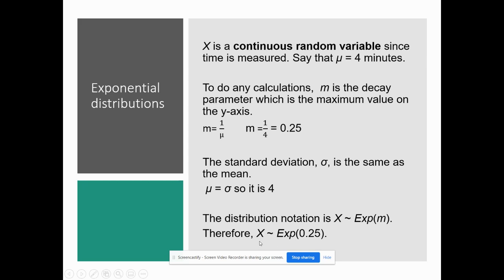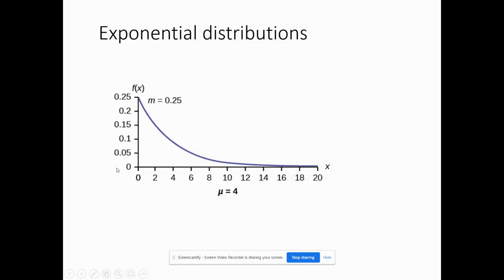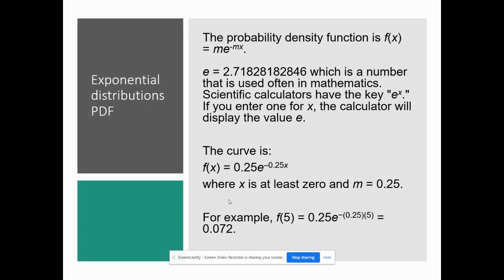So I just wrote it here that X approximates the exponential with 0.25. So this is what it looks like. Again, this is the highest point for this distribution on the y-axis. And you can see it's going down till it gets really, really close to the x-axis, and the mean equals 4.